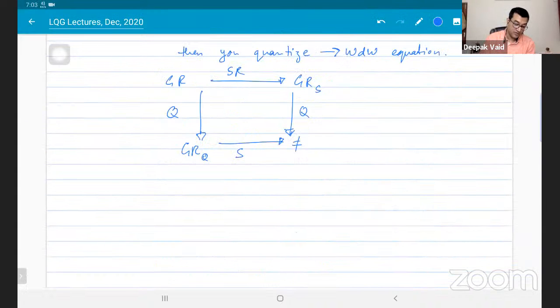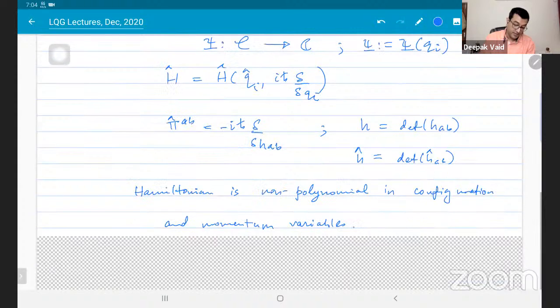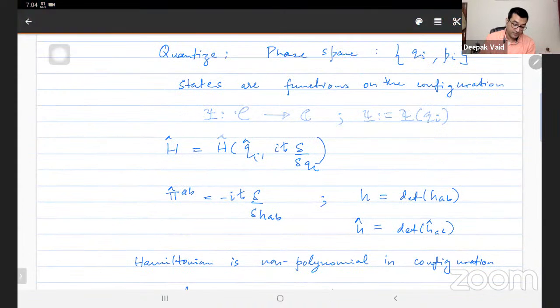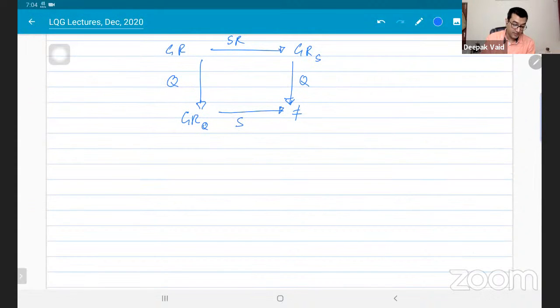Right. So first you have to find the physical states. I forgot to mention that you define your configuration space to be this quantity, to be functions on your configuration space, and then you have to take your constraints.